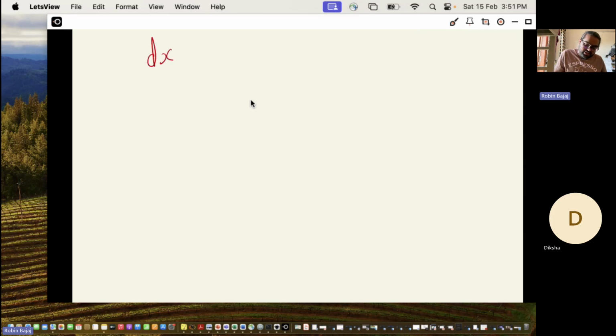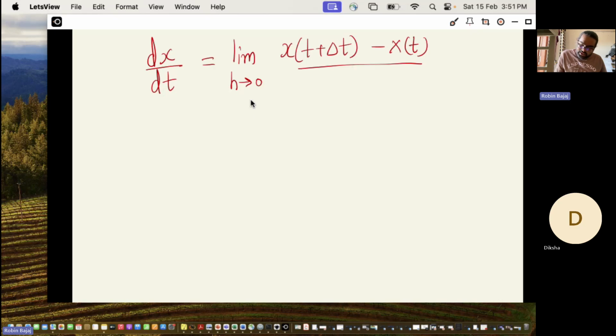So definition of derivative, let's say dx by dt is what? It's limit delta t tending to 0, x at t plus delta t minus x at t by delta t. Okay.